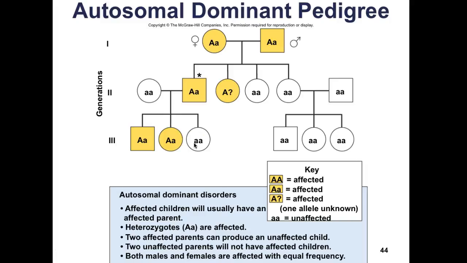Two affected parents can produce an unaffected child, especially in the case of them being both heterozygotes. Both males and females are affected at equal frequency. So it would not really matter here. And you could see how that was passed through in the pedigree.